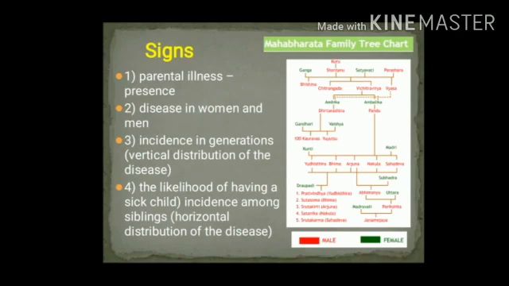At first, the parents' illness, presence or absence, whether the disease is more common in women or in men, and the incidence in generations. It means the vertical distribution of the disease. The likelihood of having a sick child, and the incidence among siblings, or the horizontal distribution of the disease.